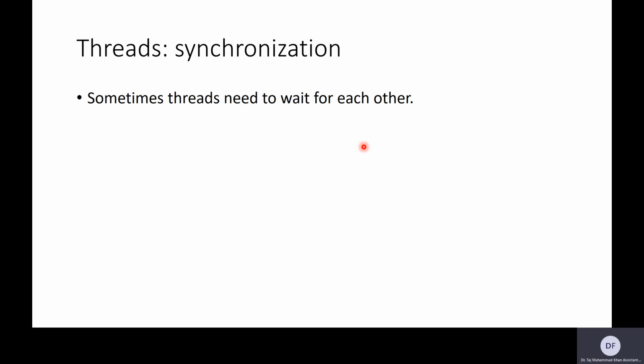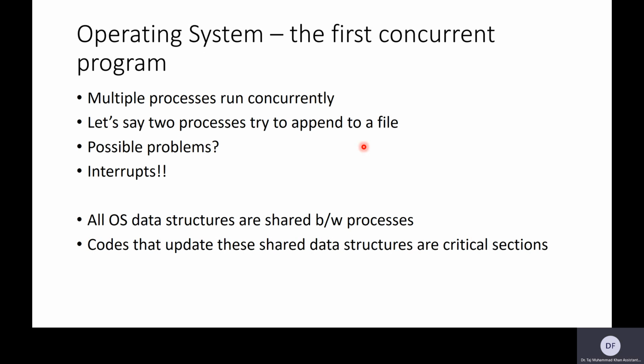Here is a historical insight: the operating system was one of the first concurrent programs, which means multiple critical sections in the operating system could run concurrently. Multiple processes can run, and these processes execute the code of the operating system.